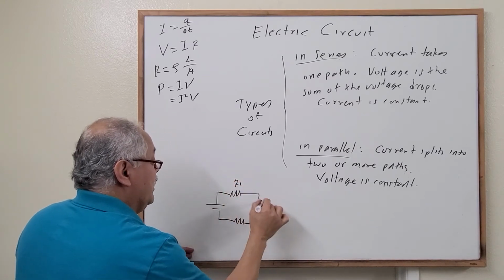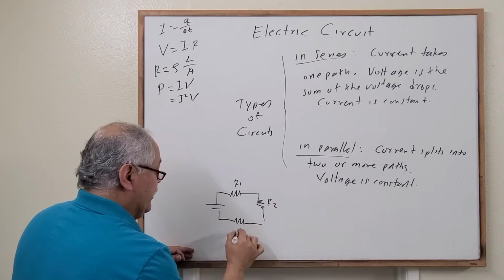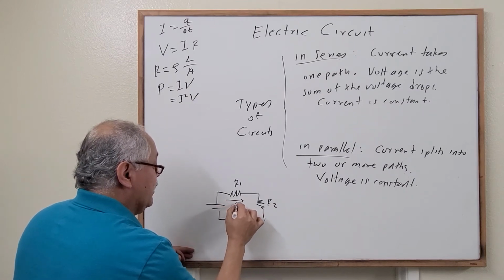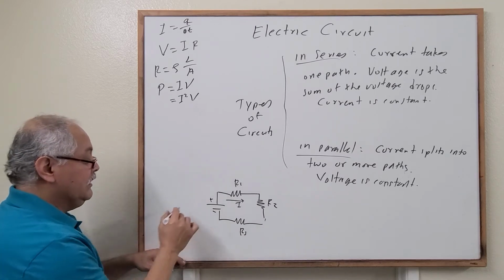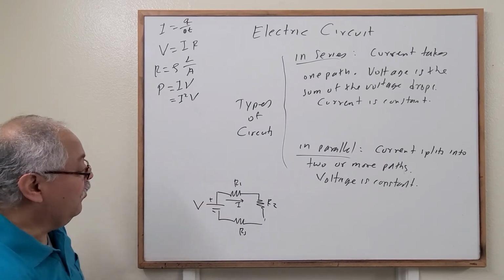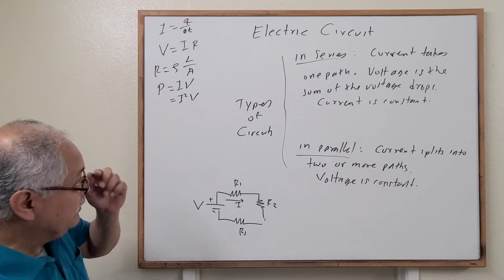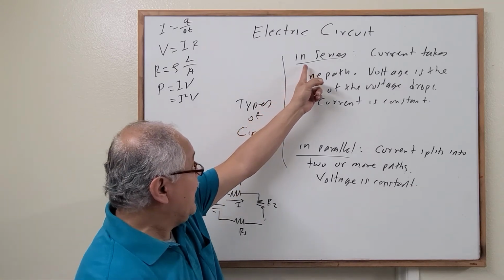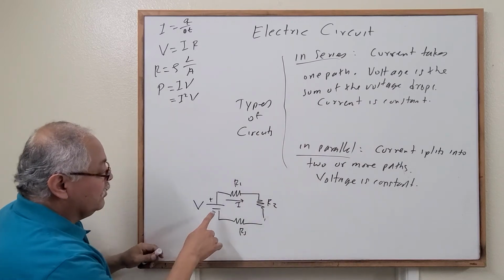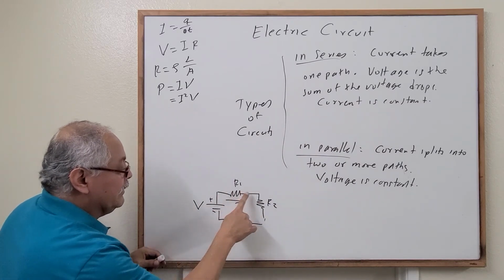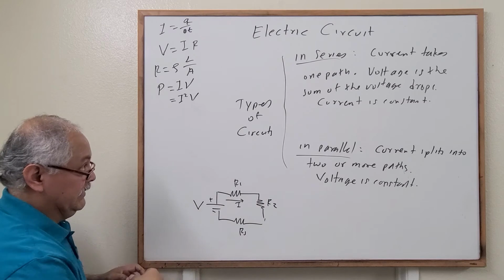This is R1, resistor 1, resistor 2, resistor 3. And we have the current, by convention, going from positive to negative charge. It's our voltage, volt. According to this, in series, the current takes only one path along this circuit.